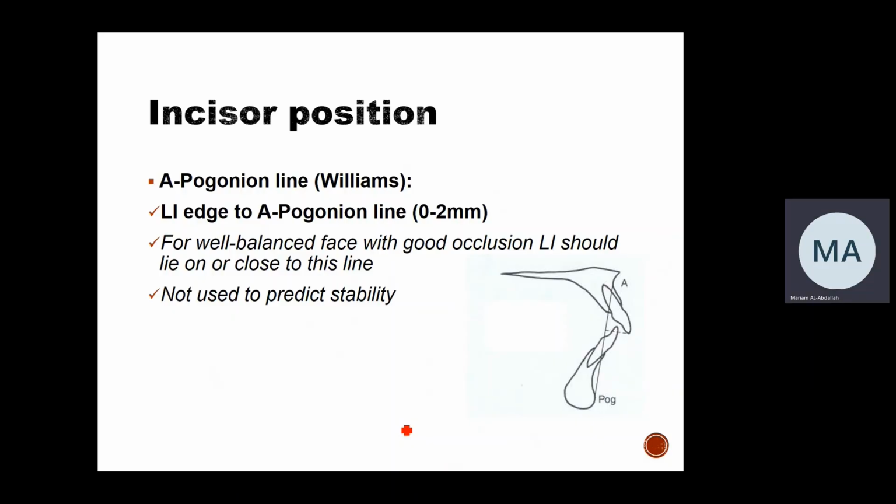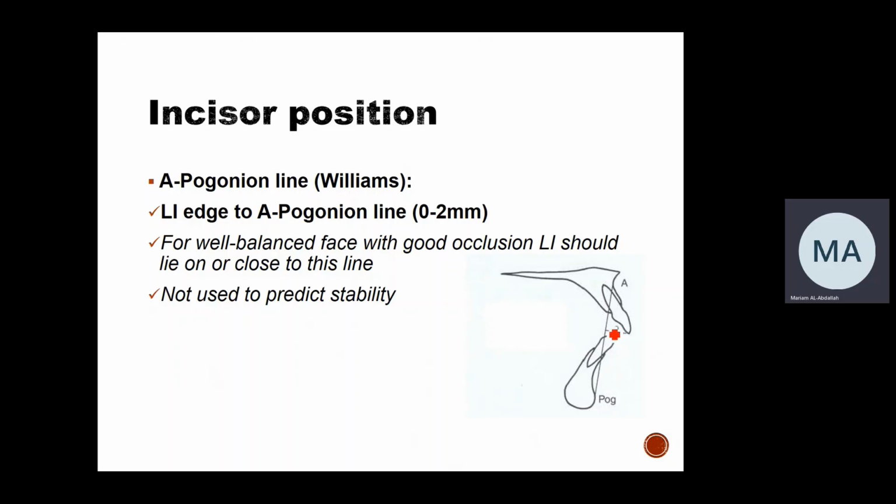The A-Pogonion line that was introduced by Williams is the distance between the lower incisal edge and the A-Pogonion line. Okay, I think this is not true. It's the lower incisor, not the upper incisor.